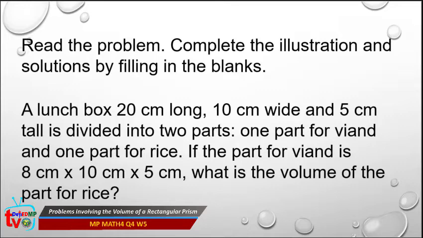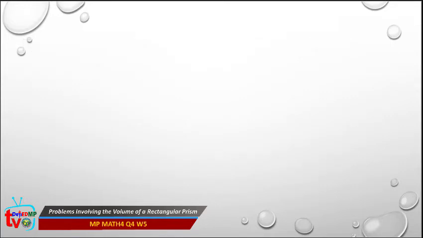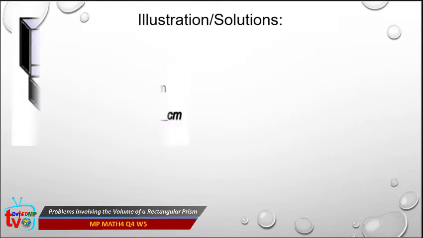If the part for viand is 8 centimeters times 10 centimeters times 5 centimeters, what is the volume of the part for rice? Here are the illustrations and solutions that you need to fill in.